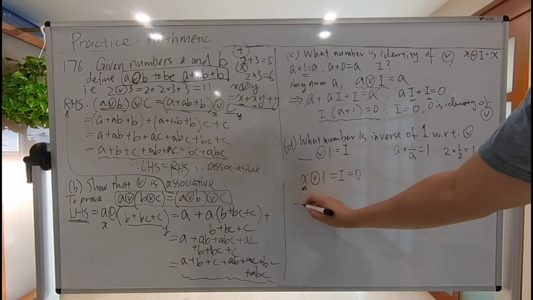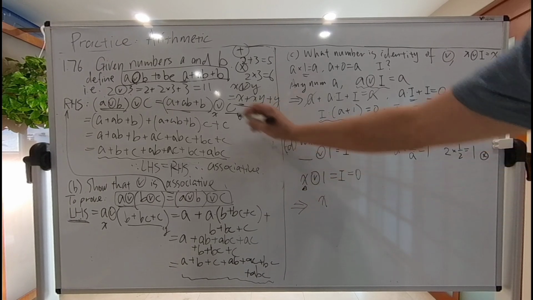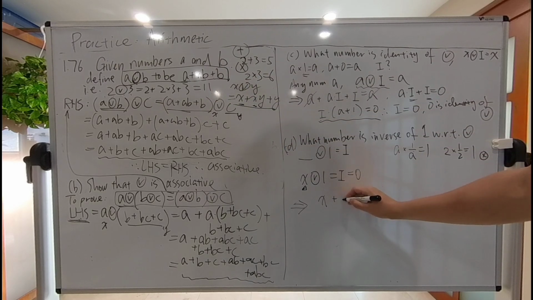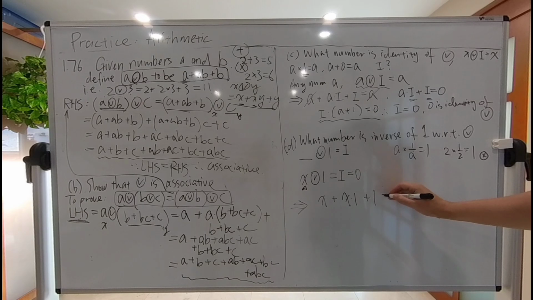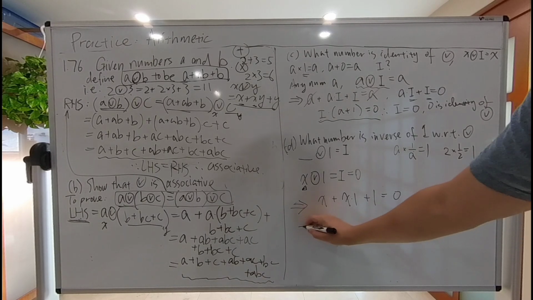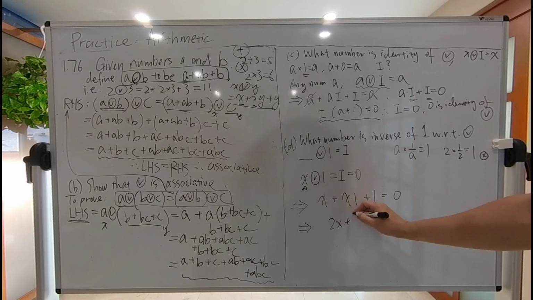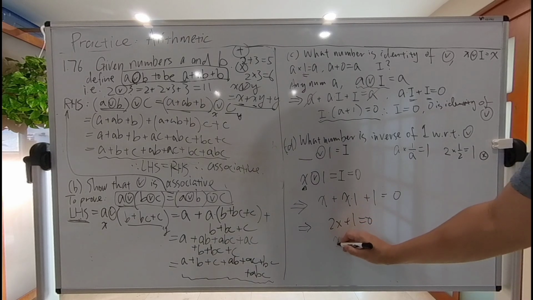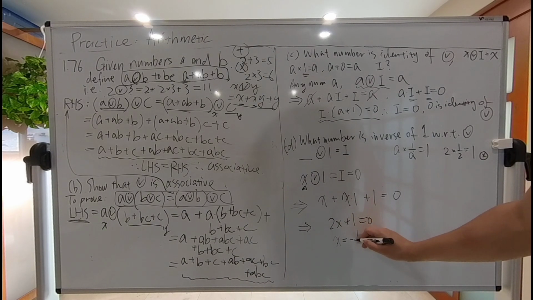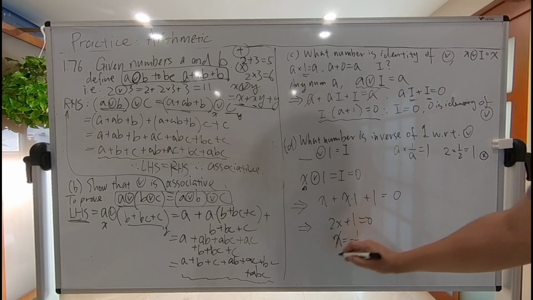So the left hand side, x operating 1 is x plus the product, 2, plus the second term, which is 1, equal to 0. And this means we want x plus x is 2x, plus 1 is 0, right? So then just solving this equation, x equals minus 1 over 2.